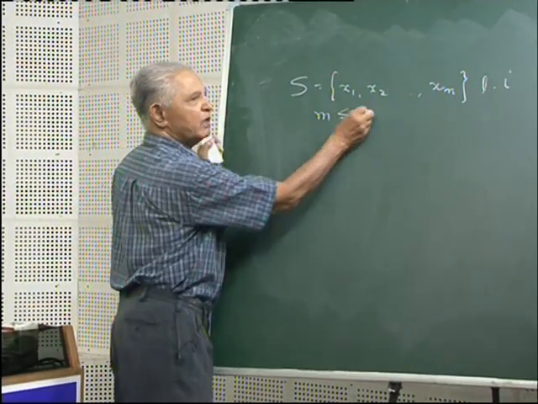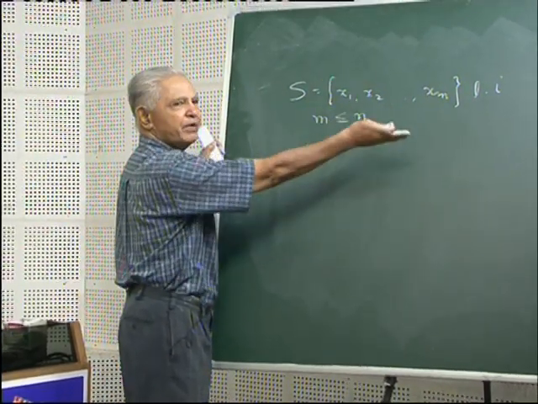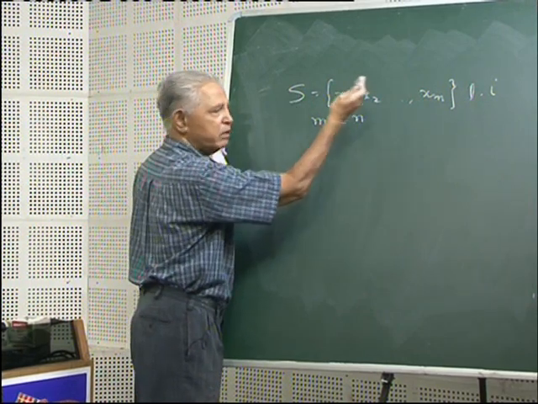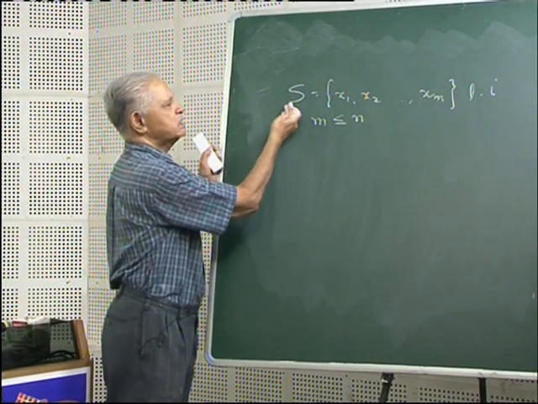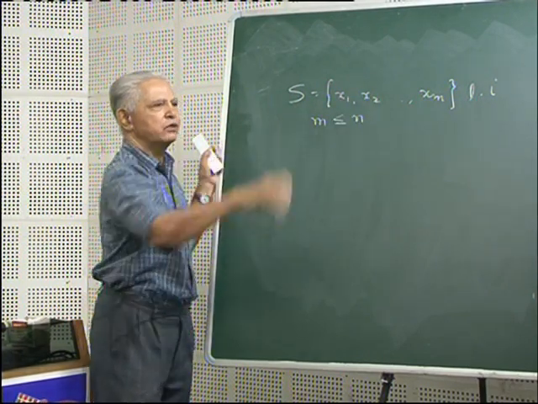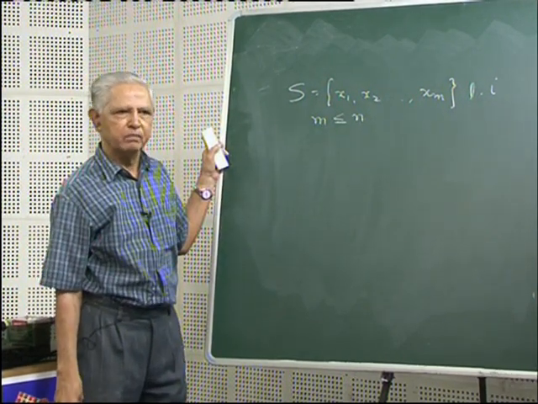Now, if m is equal to n, then by the previous result this set also contains n vectors, and so it becomes a basis.